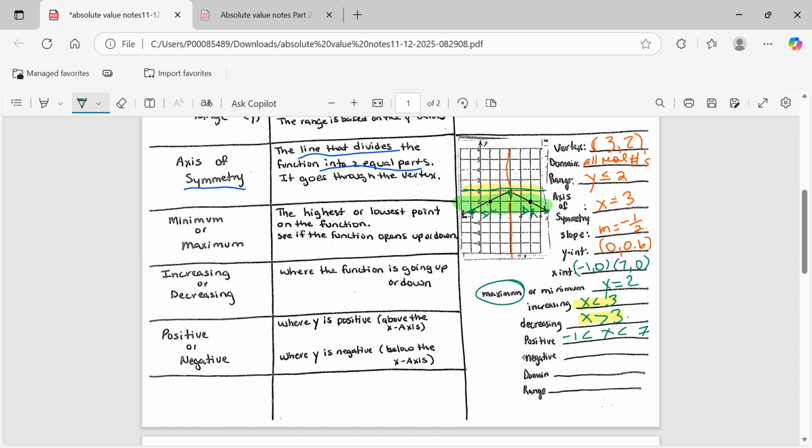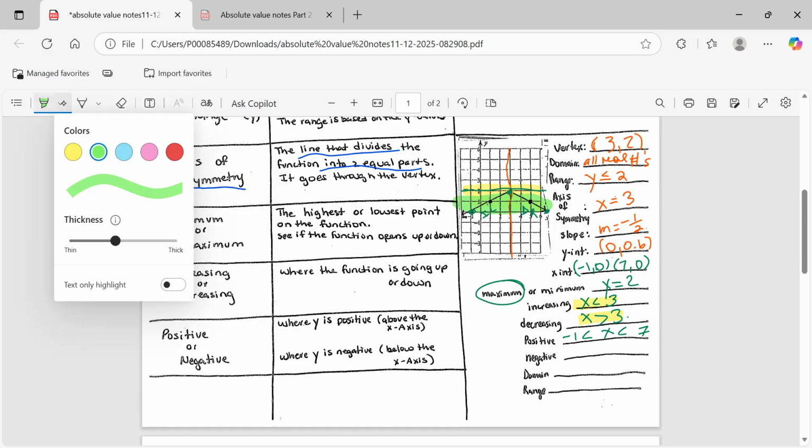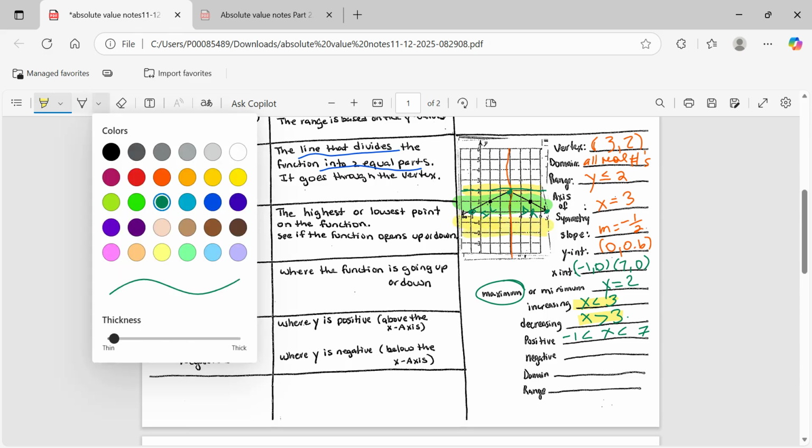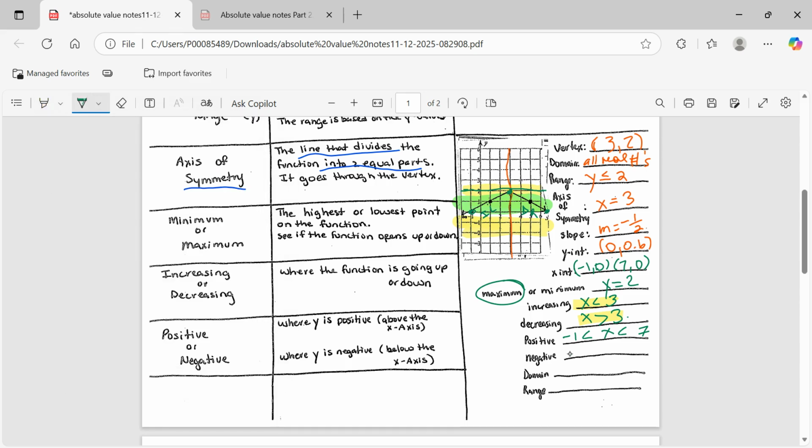It's going to be negative everywhere below that. And so it's going to be negative where your x is less than negative 1 and where your x is greater than 7.